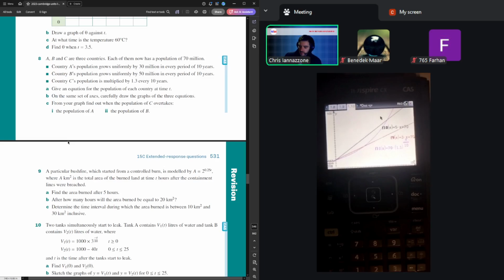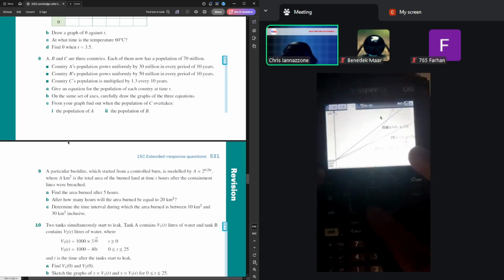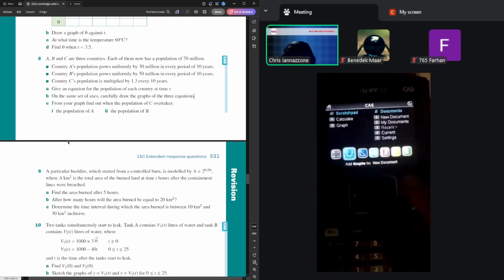It's very likely that these are going to give decimal values, so it's not necessarily recommended to use the graphing tools in this case. You'd be better served just CAS solving for when the equations equal each other, excluding t equals 0, because all of them start out at 70 million here. Okay, so F11 was my exponential.